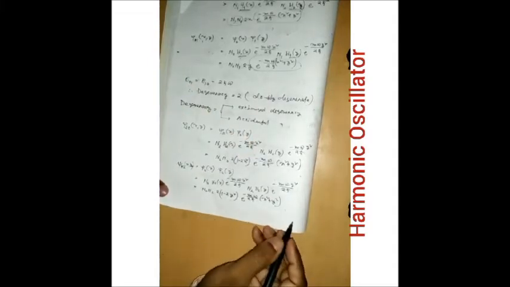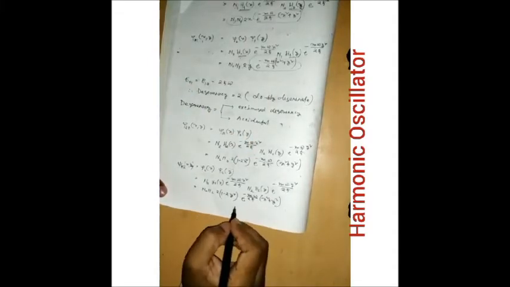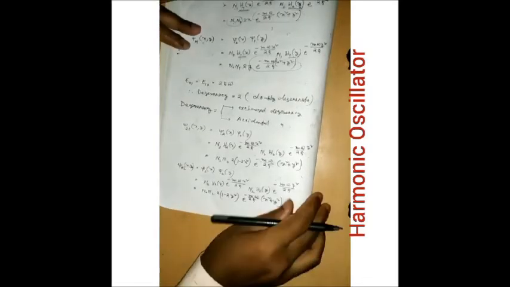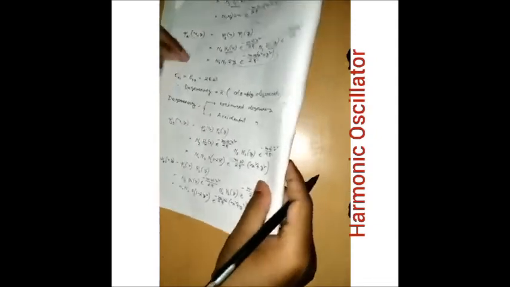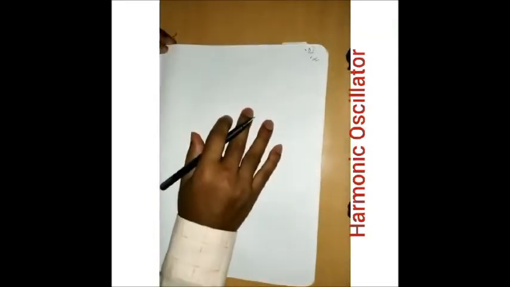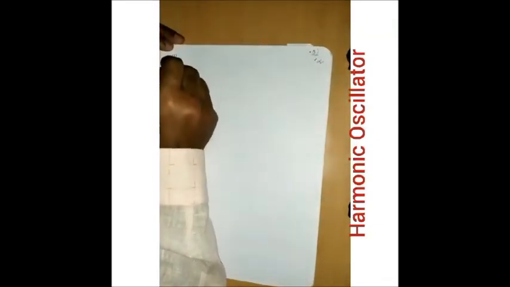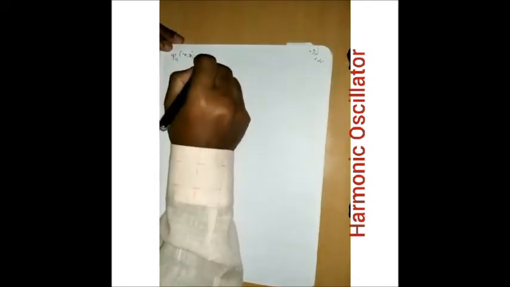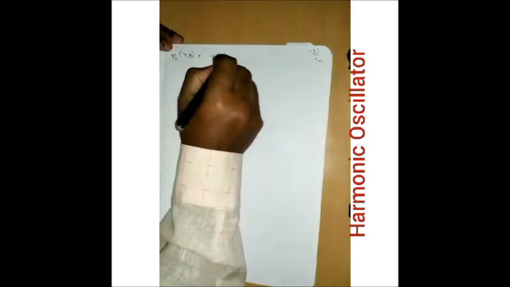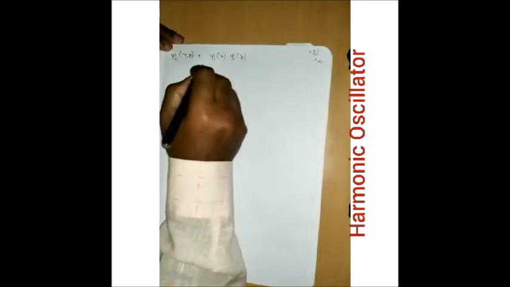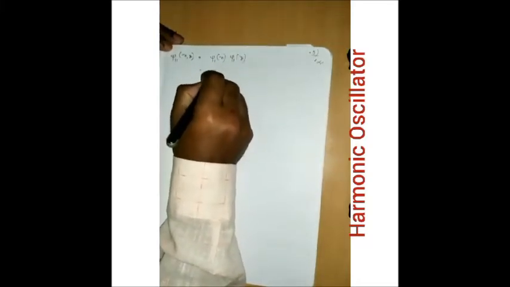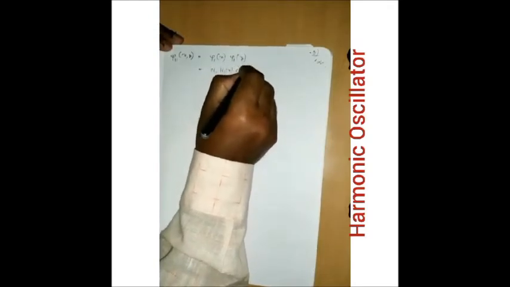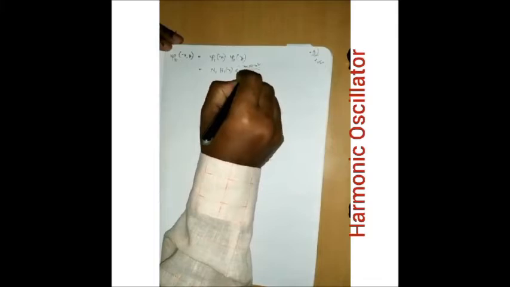Clear? So this is another wave function we have got, and another combination we can have for these wave functions, that is called psi 1 of x and y. Clear? So if I split it, psi 1 x and psi 1 y. For psi 1 x it will be N1 H1 x e to the power minus m omega x square upon 2 h cut.